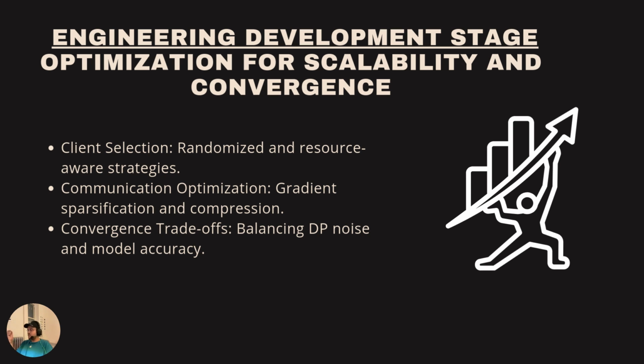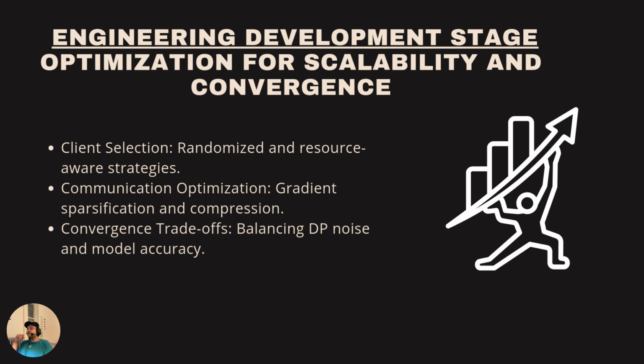This reduces network overload and ensures effective participation. Second, communication optimization methods like gradient sparsification and compression minimize the size of updates sent from clients to the server. This significantly reduces bandwidth usage, improving efficiency at large scale systems.